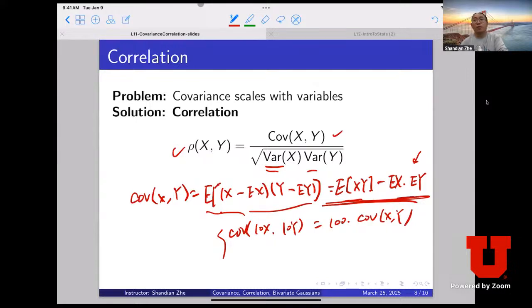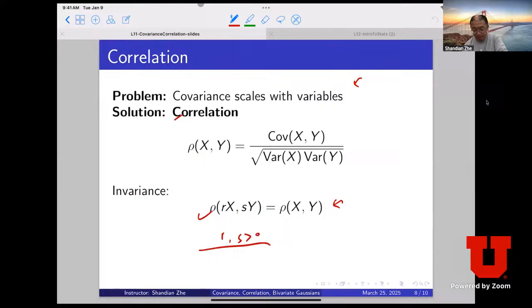What's the benefit? The benefit is that when you use the correlation coefficient rho to measure the dependencies between two random variables, it does not vary with scaling. If you multiply x by some constant factor r and multiply y by some constant factor s, their correlation is exactly the same as the correlation between x and y.